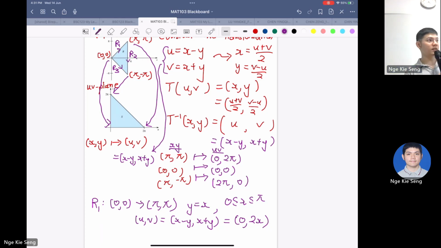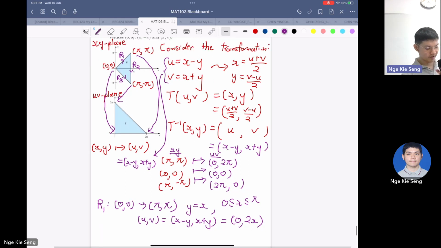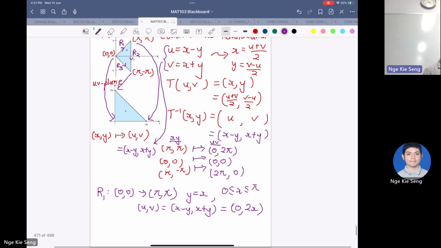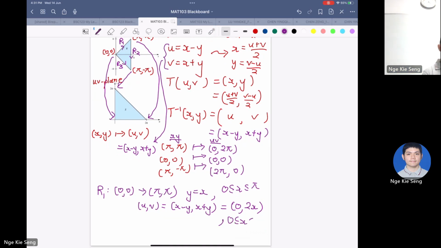Your x is going from 0 to pi, so you get 0, 0 and 0, 2 pi as endpoints. What is this? It is the v-axis, from 0 to 2 pi. So this is what R1 becomes.